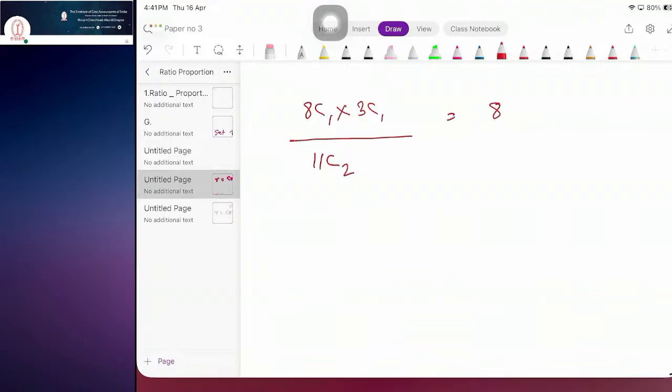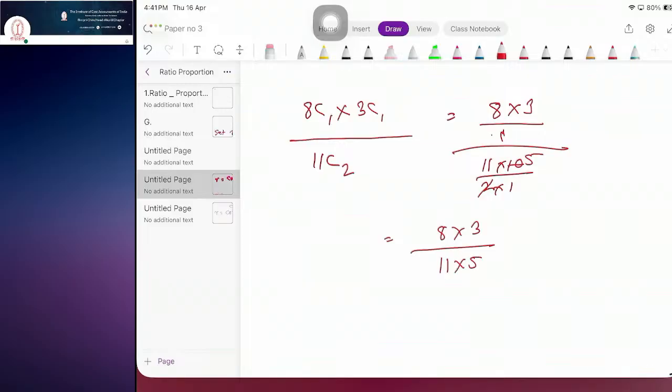So that comes out to be 8 into 3 divided by 11 multiplied by 10 upon 2 multiplied by 1. So it is giving you 8 multiplied by 3 divided by 11 multiplied by 5, so 24 upon 55. This is your answer for selecting one ball of each color.